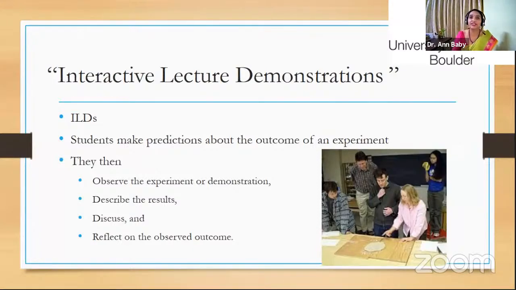The students will guess what is the outcome of the experiment. Once you have got all the outcomes from all the students, you show the result of the experiment and then you explain it. Learning happens over there. They are able to understand where they went wrong, why they went wrong. They're able to discuss, they're able to reflect.